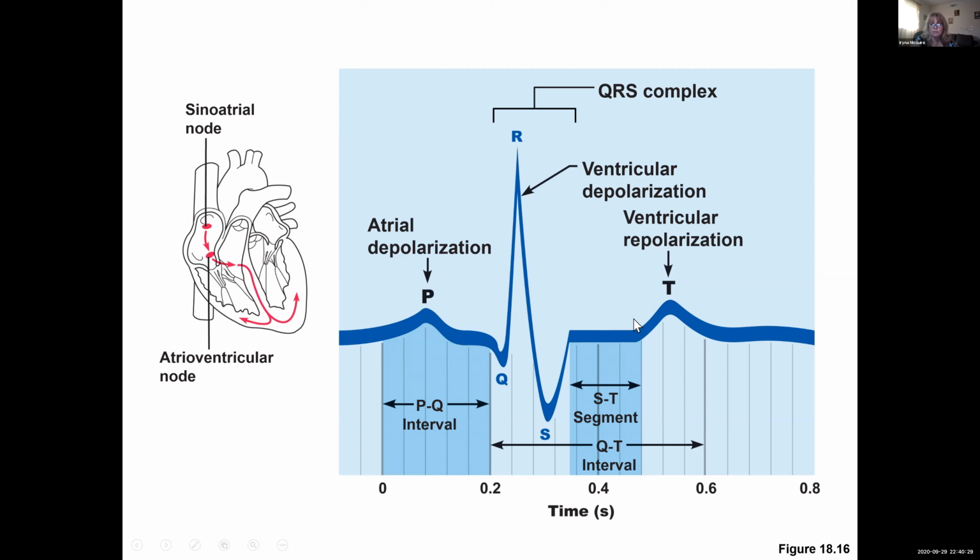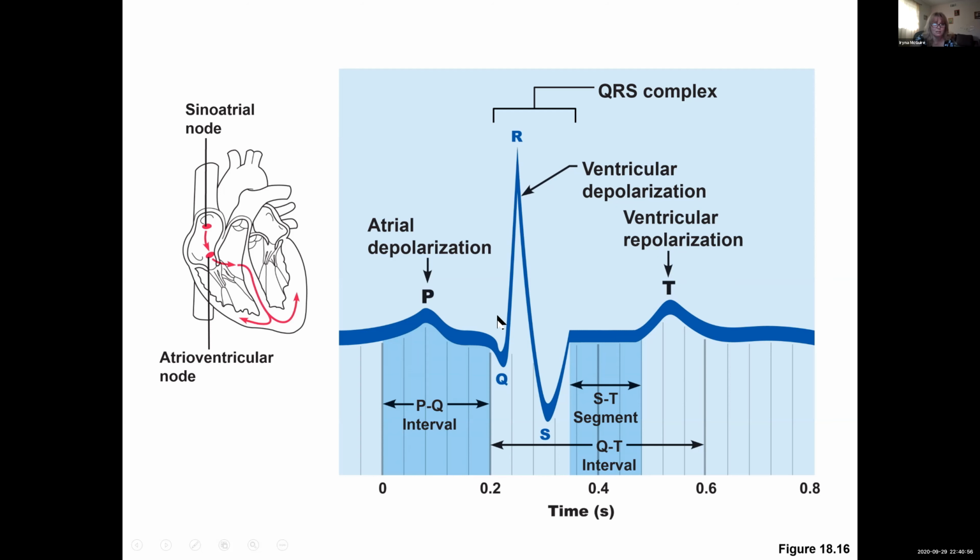So we have both characteristics of ventricles, depolarization and repolarization, and we have only depolarization of atria. Now, where is repolarization of atria? It cannot be shown in the graph because it happens during the QRS complex. So you cannot see the repolarization of the atria on EKG.